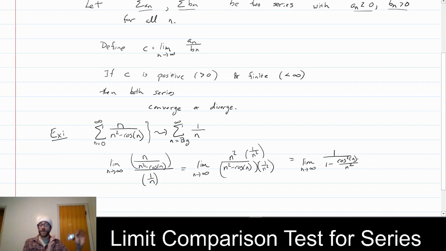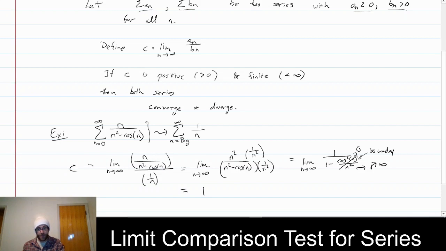Now, as we go to infinity, this cosine is bounded, and the n squared approaches infinity. That tells us that this whole term goes to 0. So the limit after we evaluate it is actually just 1.